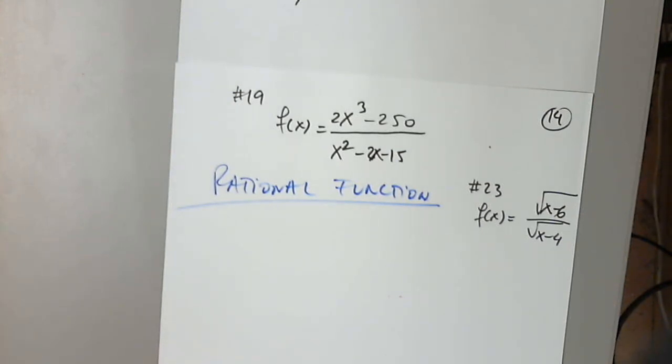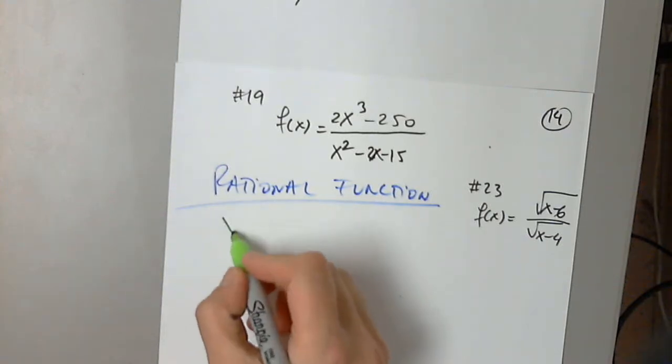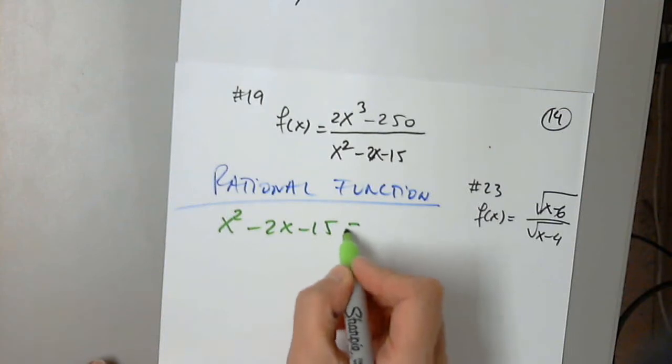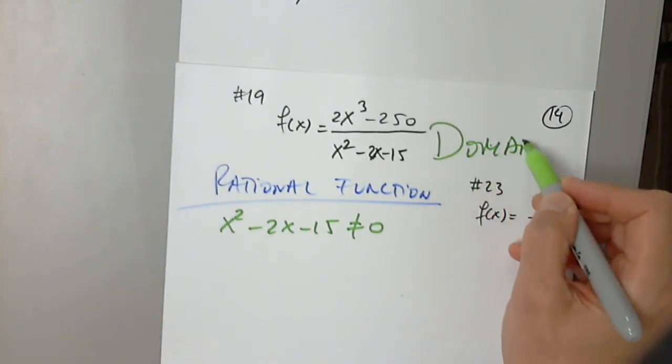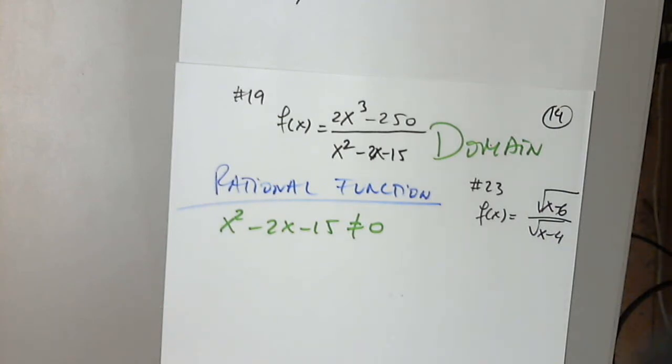There's only one danger with rational functions. What is it? Very good. So x squared minus 2x minus 15 cannot be 0. We're talking about domain. So the only restriction we have to state and solve is this equation.